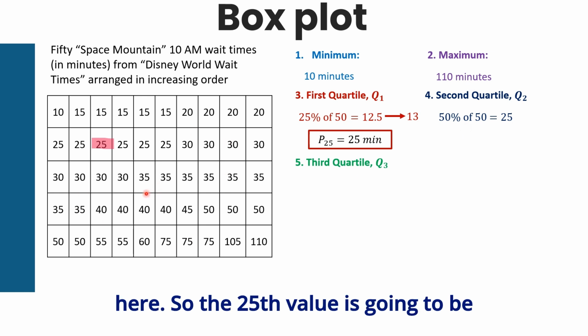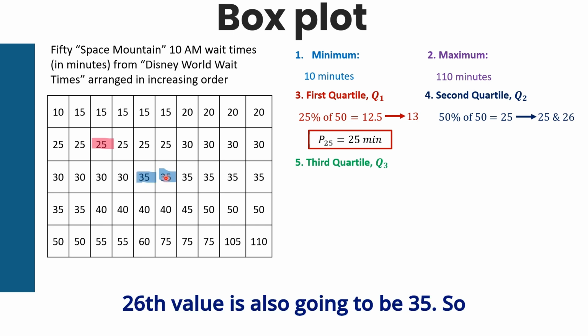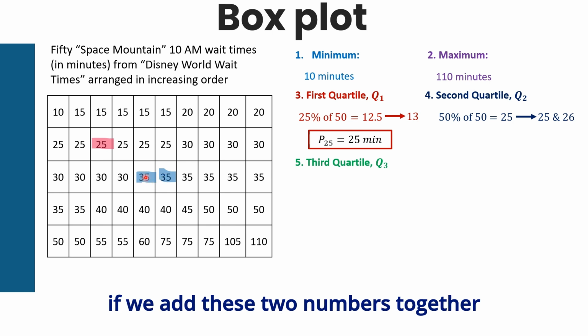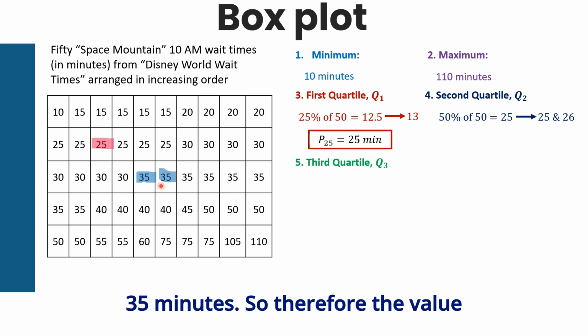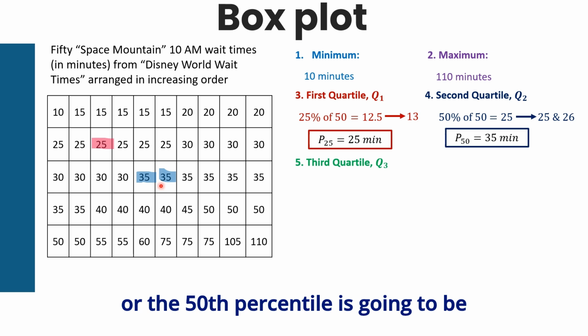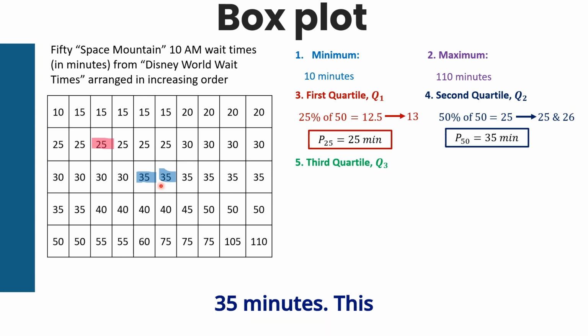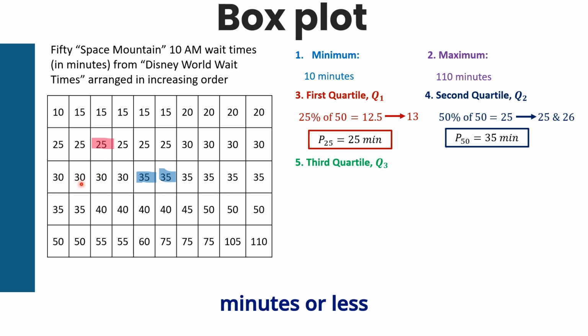The 25th value is 35, and the 26th value is also 35. If we add these two numbers together and divide by 2, it is still 35 minutes. So the second quartile, or the 50th percentile, is 35 minutes. This means that half of visitors waited 35 minutes or less.